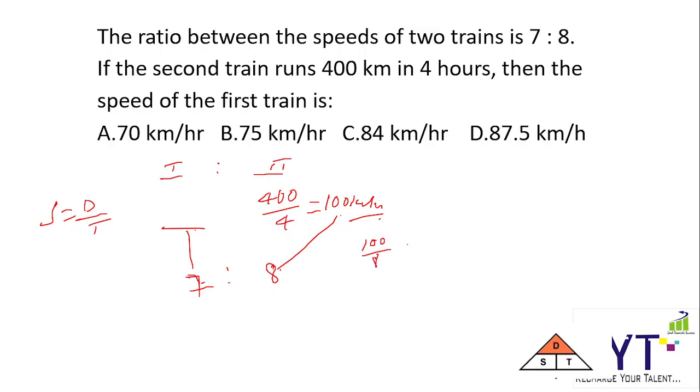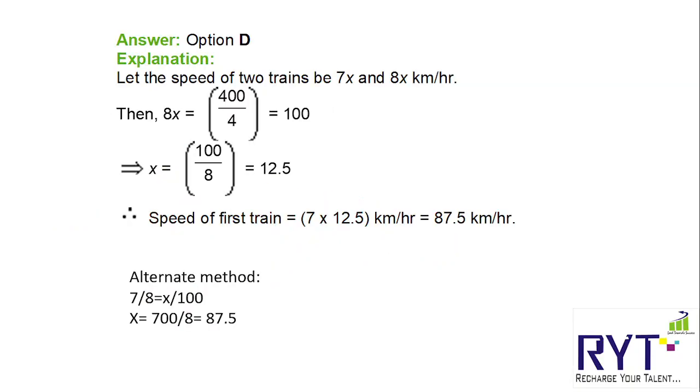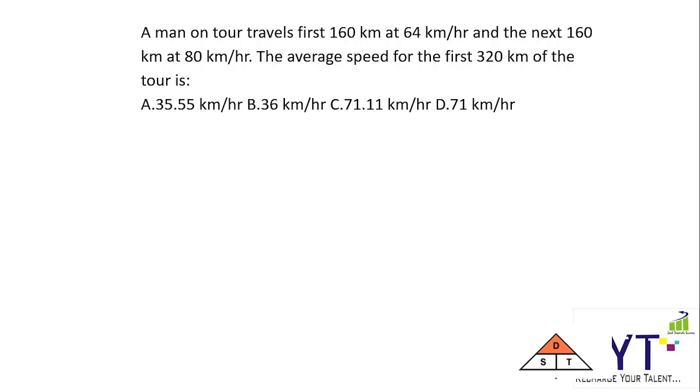How much do you get? 12.5. So multiply 7 with 12.5. That's it. Or else you can just remove 1 unit. From 100, if you remove 1 unit, 12.5, you will get 87.5 as the answer. So 87.5 kilometer per hour is the speed. This is how we calculate ratios. Okay, so 87.5. Let's move.